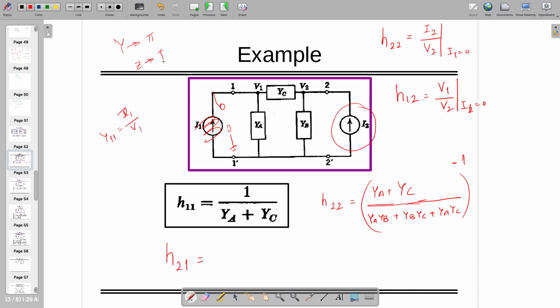If you get confused somewhere, you can convert the T network to a pi network by delta to Y or Y to delta, star to delta, delta to star. If you are expert in one kind of circuit, you can convert it to the other one. But at the end of the day, you will have only two kinds of circuit, either T or pi.